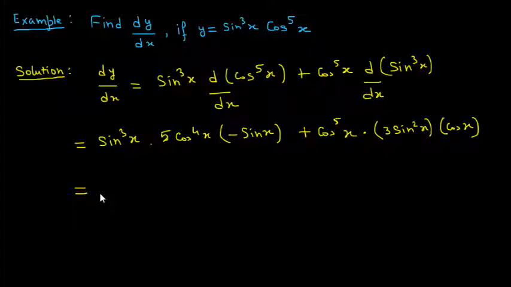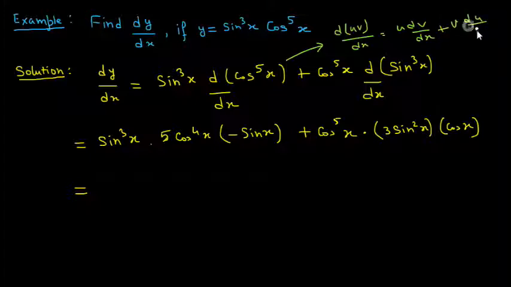Upon solving, what we have done here is simple. The formula which we have used is differentiation of uv upon dx is equal to u dv by dx plus v du by dx.